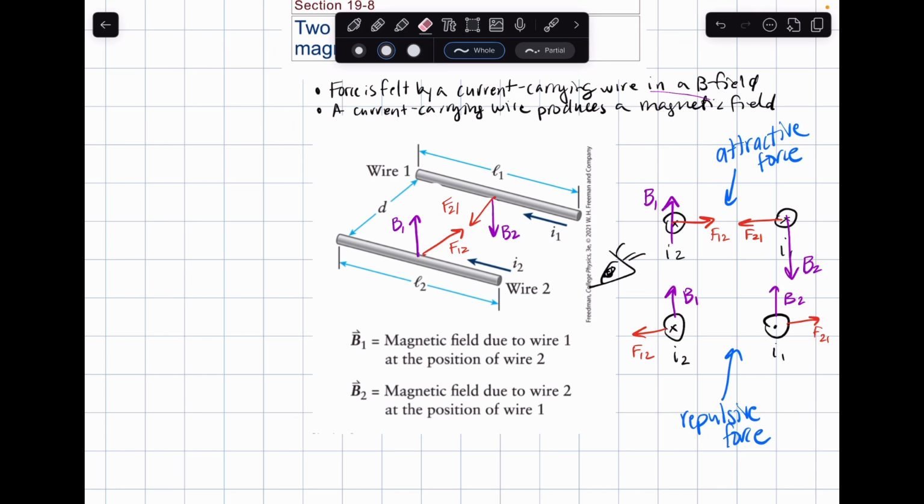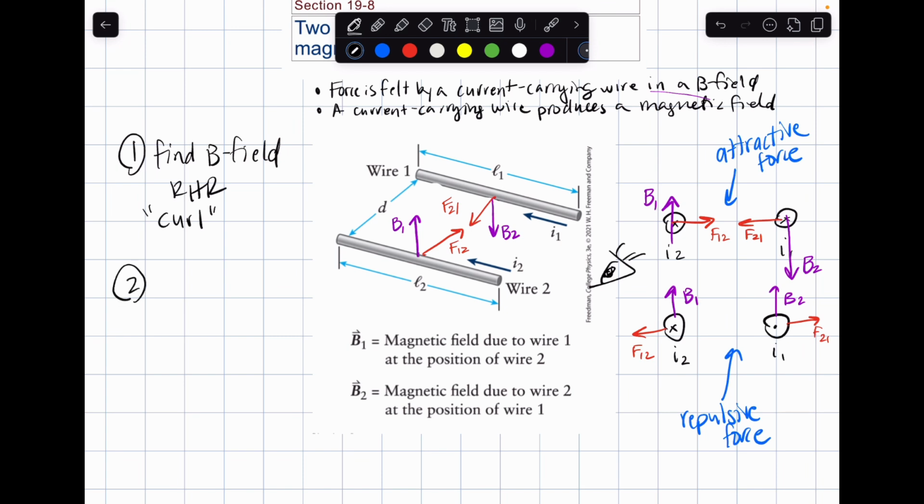All right, and there's two right-hand rules going on, right? The first right-hand rule is find B field right-hand rule. And technically we use the curl right-hand rule for this, okay? The second right-hand rule is find the force. And that one, you can use the curl method, or you can use the corner right-hand rule, which is where you have three fingers, right?